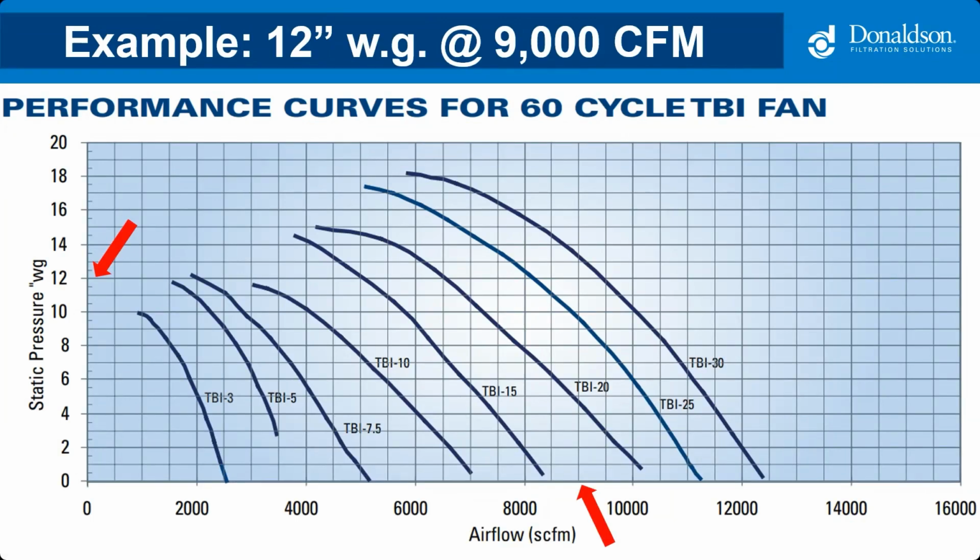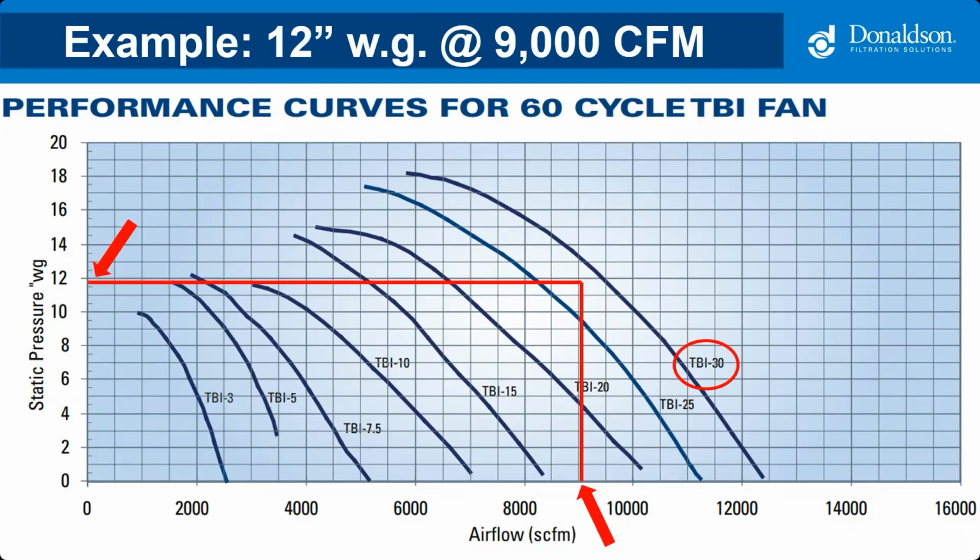And when those lines meet, we land between the backward inclined fan TBI 25 horsepower and a TBI 30 horsepower. So we go to the curve to the right of where we land, since we rarely land on the curve. And in this case, I would select a TBI 30.